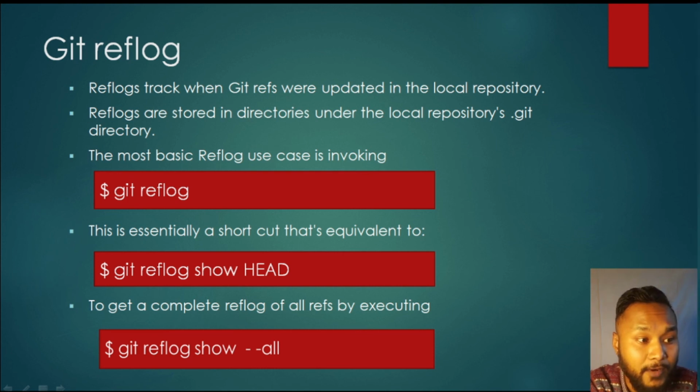Reflog tracks when Git refs were updated in the local repository. Reflogs are stored in directories under the local repository's .git directory. The most basic reflog use case is invoking git reflog. This is essentially a shortcut that's equivalent to git reflog show HEAD.